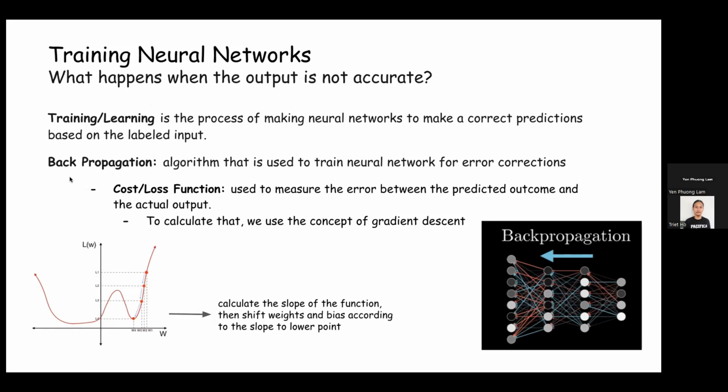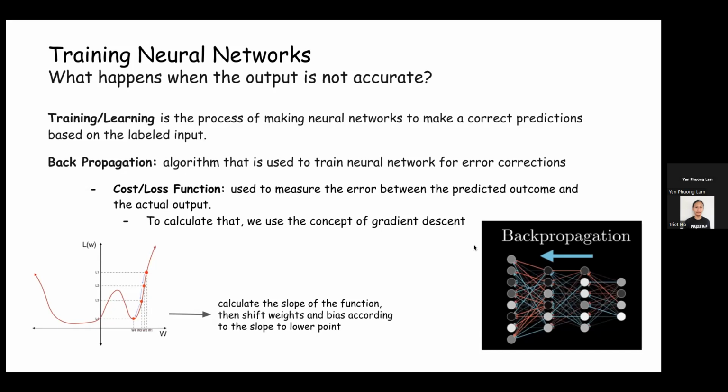Backpropagation is an algorithm used for error correction. Basically, if the output is not right, we have to go back and fix the hidden layers in order to change the output and produce the right one.